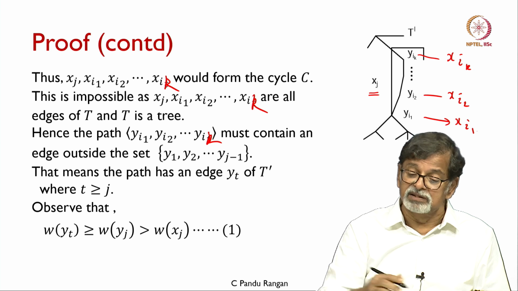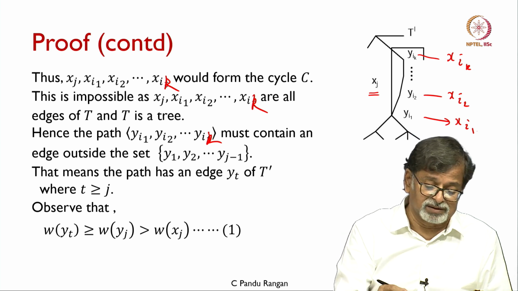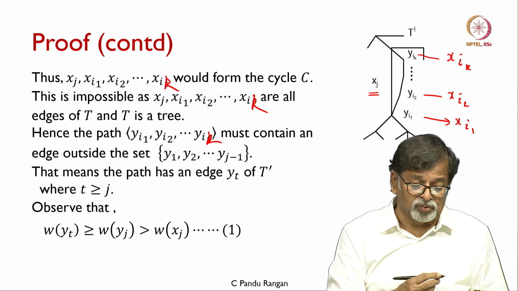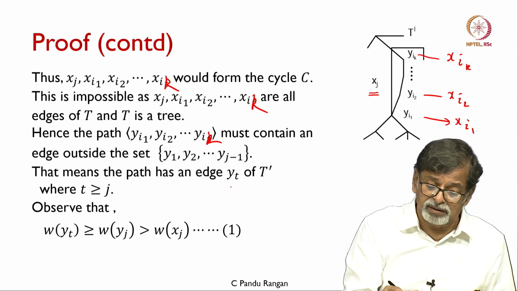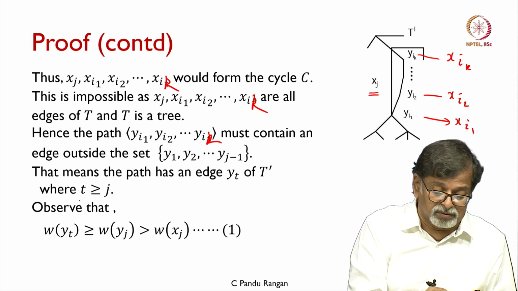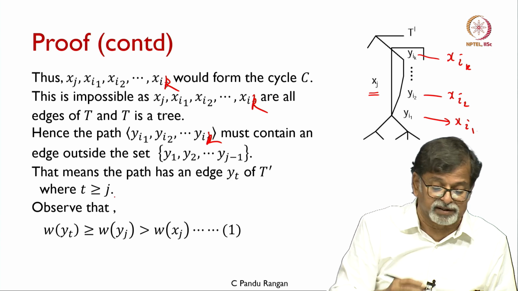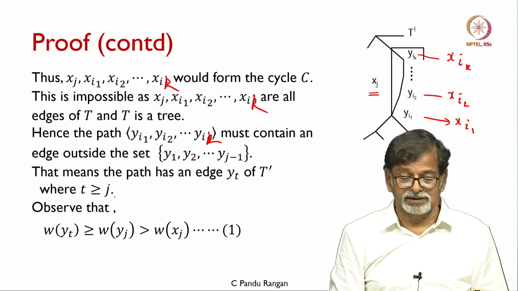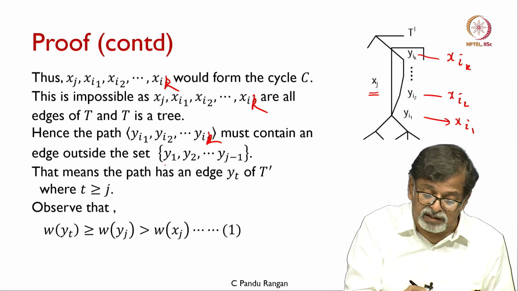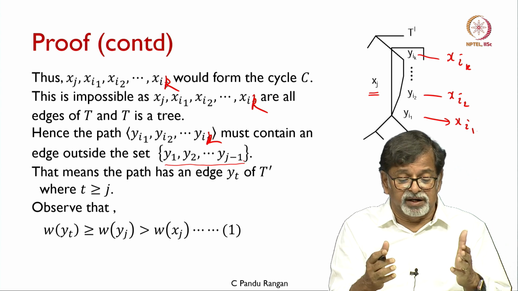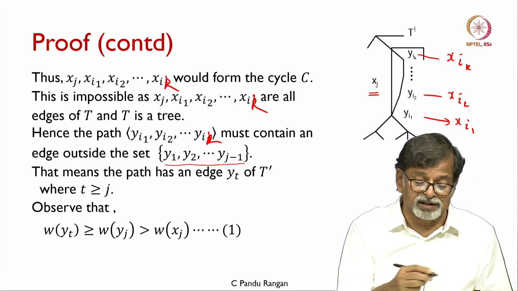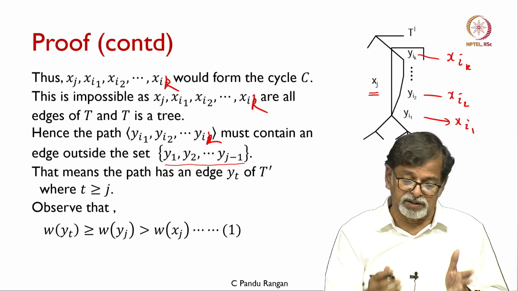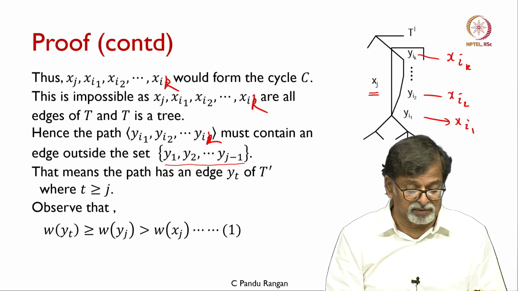That means this path has got an edge yt where t is greater than or equal to j, right. It is not in the set. Therefore, it must be some yt and t is greater than or equal to j. It could be j or more than j.